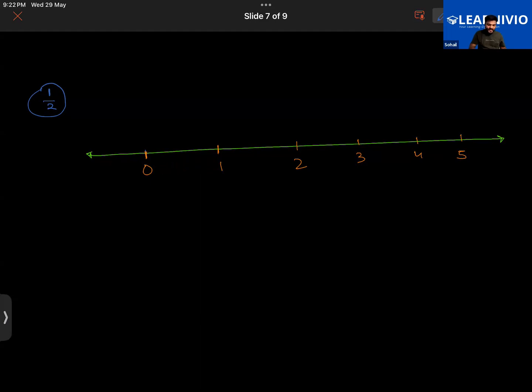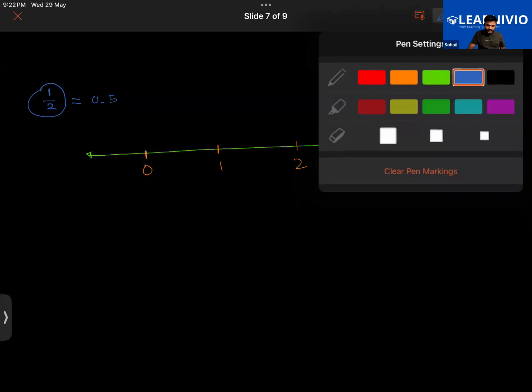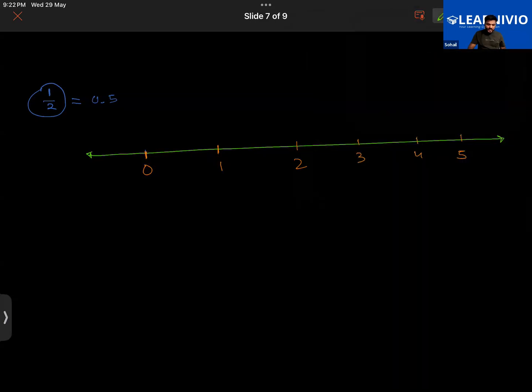One way to look at it is by converting it into decimal. 1 upon 2 is equal to 0.5. So 0.5 is lying between 0 and 1.